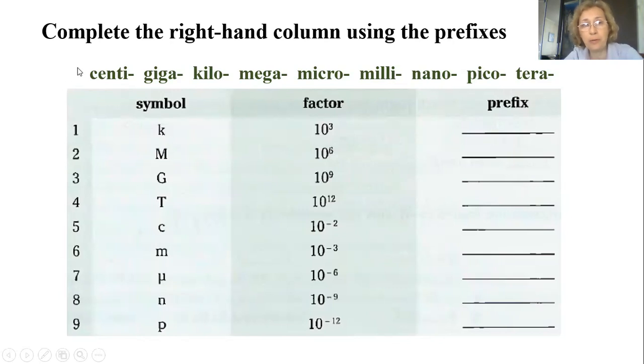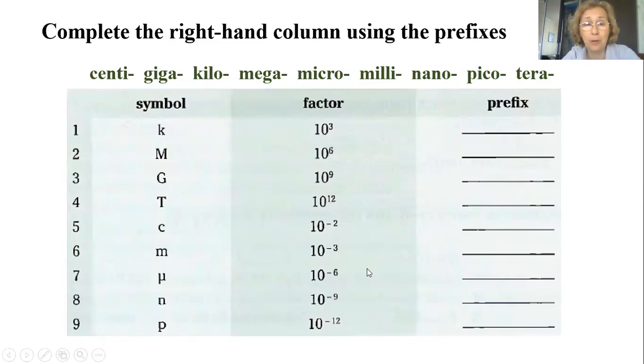So you should complete the right-hand column using the prefixes. Okay, first one is kilo, second one is mega, third one is giga, fourth is tera, fifth is centi, sixth is milli, seventh micro, eighth nano, and the last one pico. Perfect. Do you even remember the meaning of these?